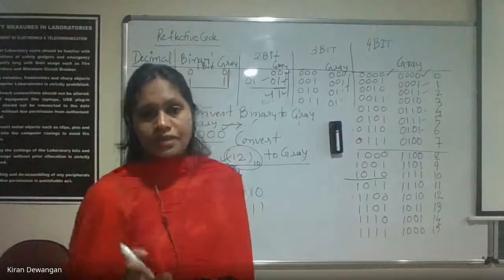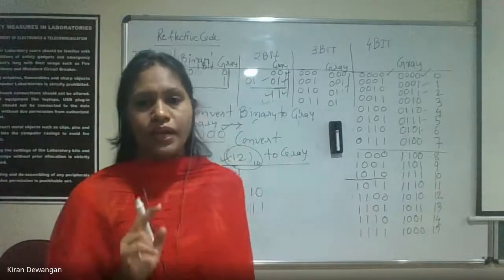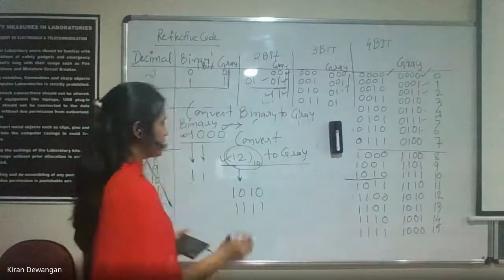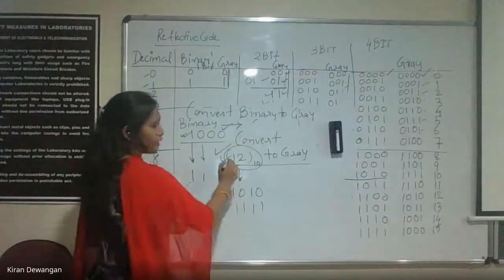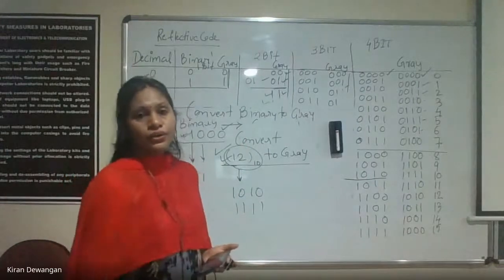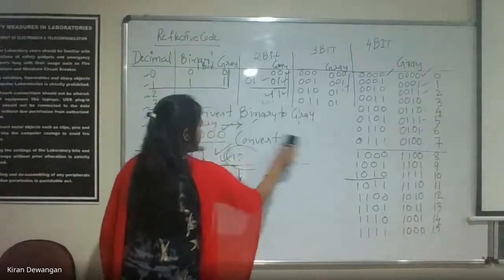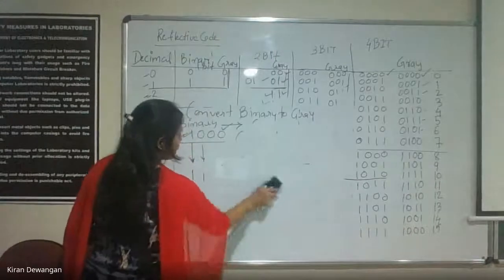If you are given any decimal number, you will first convert it to binary, then you will convert it to gray. This type of question also comes in exams. So you will be given a decimal number and asked to convert it to gray. Now we'll study how we can convert gray to binary.